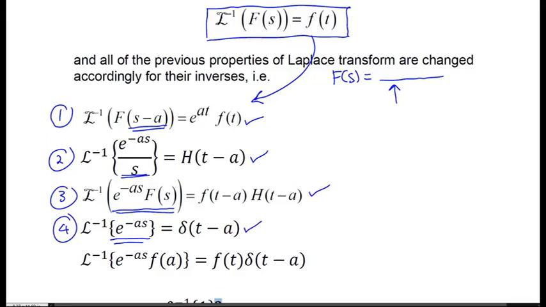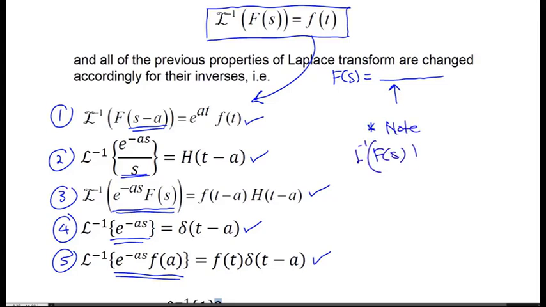And if your F(s) is e to the power of negative as times F(a), so your answer should be f(t) times delta(t minus a).